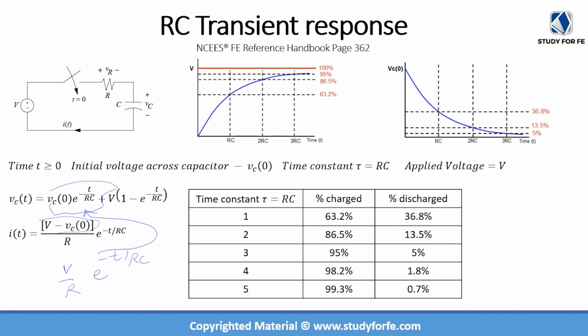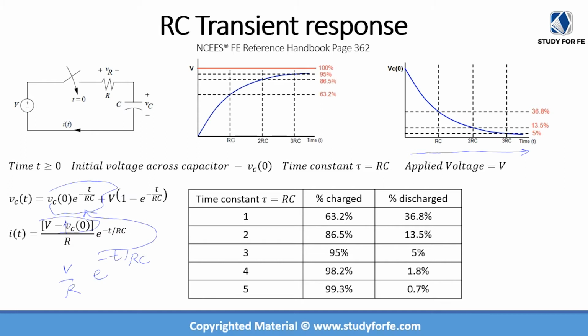But as the capacitor voltage starts to build up, as VC0 increases, okay, the voltage across the capacitor actually increases as you're charging and you're pumping current onto the plates, then the difference in the numerator would actually decrease. And as time goes on, the difference would actually decrease and decrease and decrease.